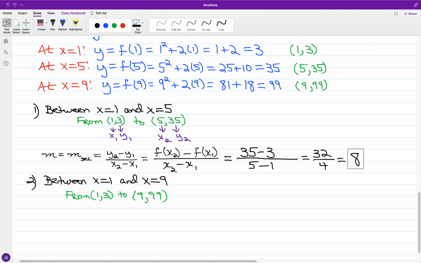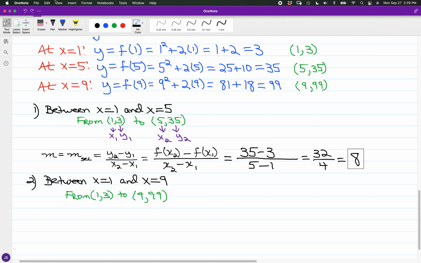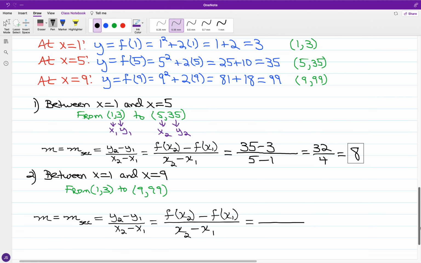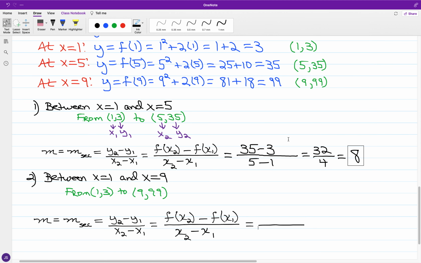I can just paste this again. Same formula, different y values and different x2. Before we had 35 minus 3 over 5 minus 1, and now we have 99 minus 3 all over 9 minus 1.